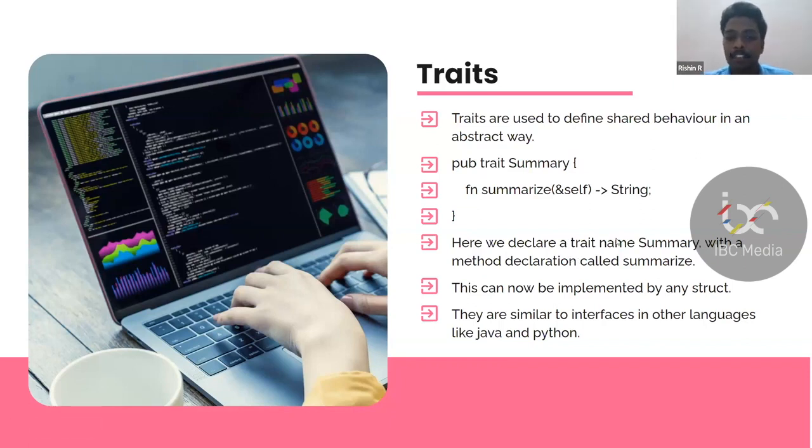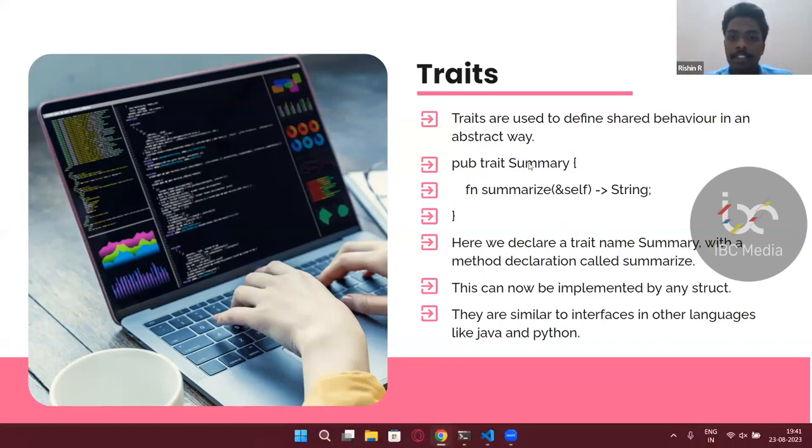Okay. Now, the idea is you create a pub trait Summary where you declare a function, summarize, taking &self and returning a String. Now I have only declared the function here.